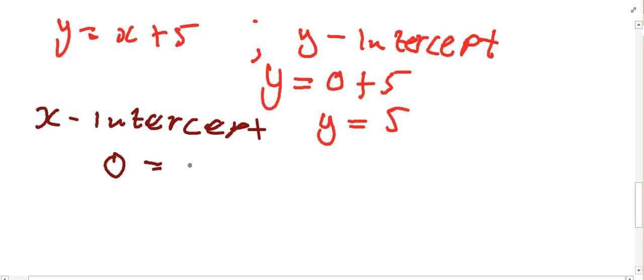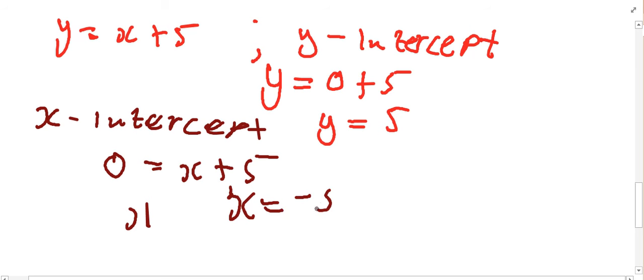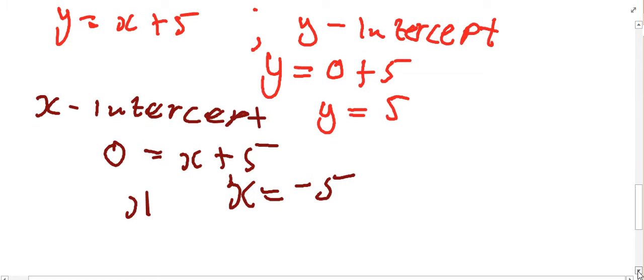So 0 is equal to x plus 5, of which we are going to know that x will simply be equal to -5. Okay, so those are the most important things you need to take note of whenever you are sketching the graphs of these guys.